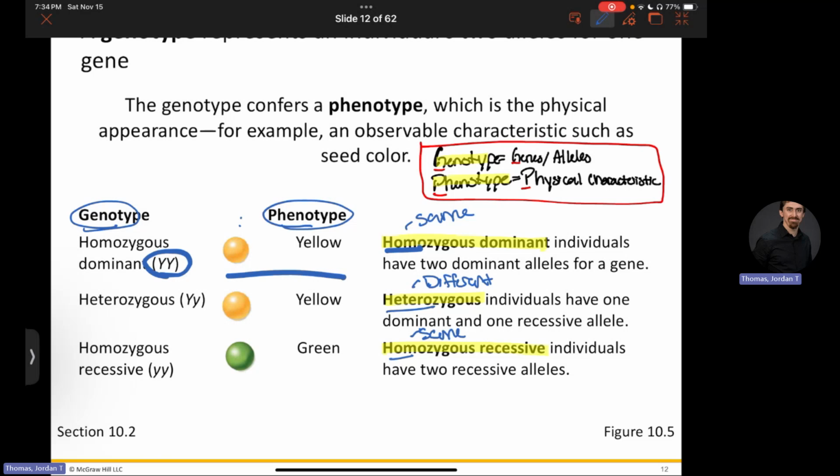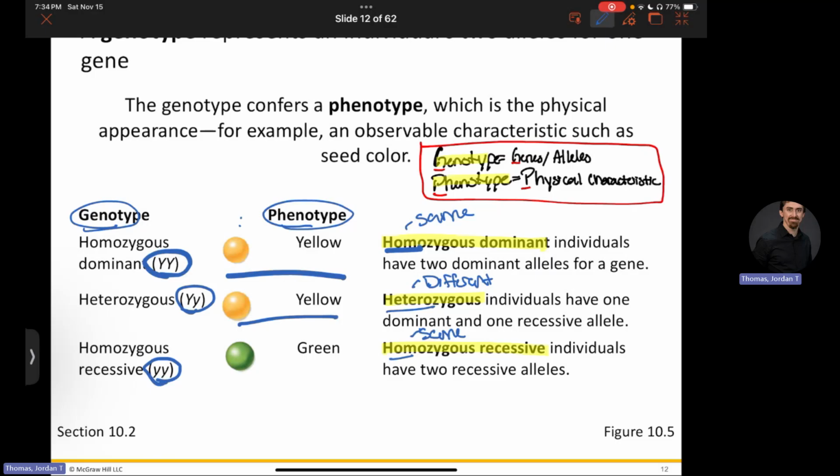Then we have heterozygous. That means we have two different alleles. We still have the big allele, the dominant allele. That's where we get the dominant phenotype, which is yellow. But we also have the recessive allele too. And lastly, we have the homozygous recessive. Homozygous recessive has two recessive alleles.